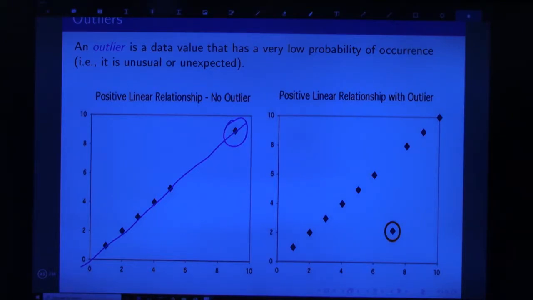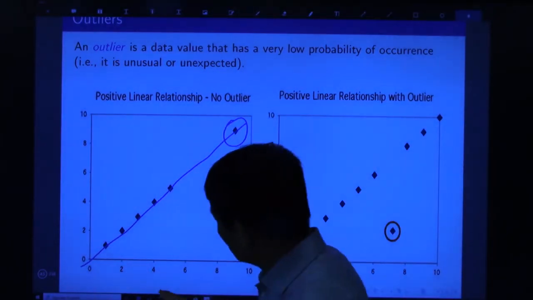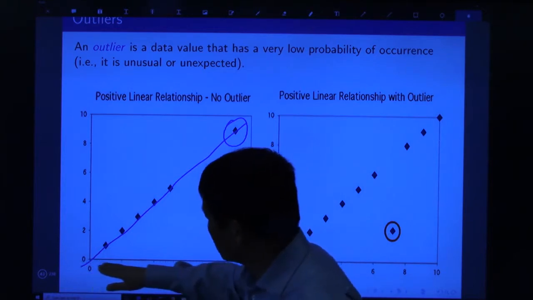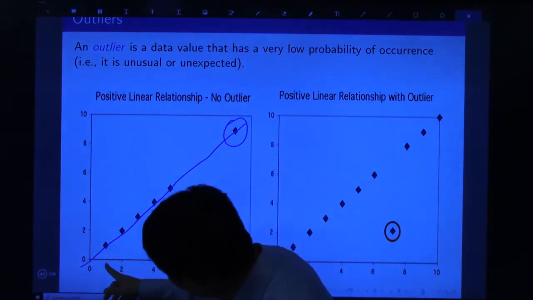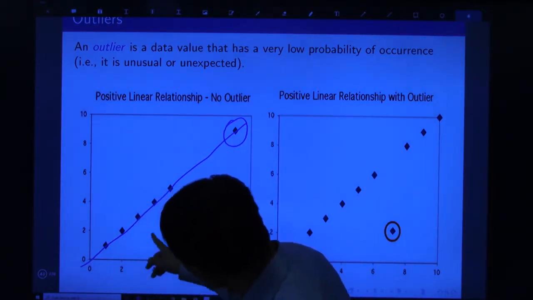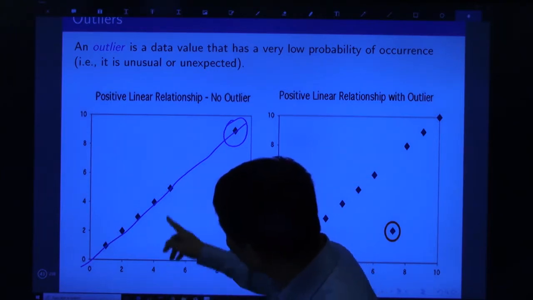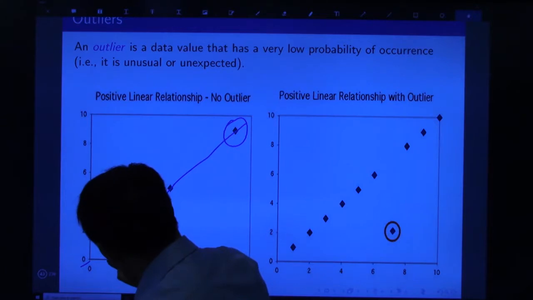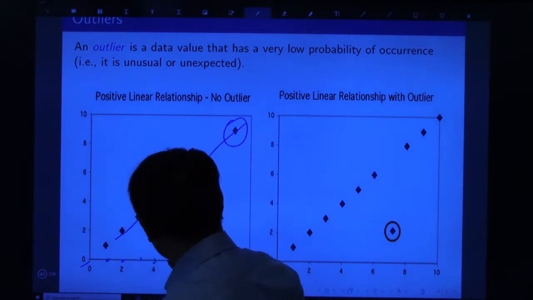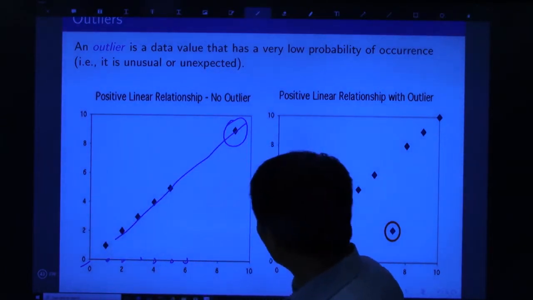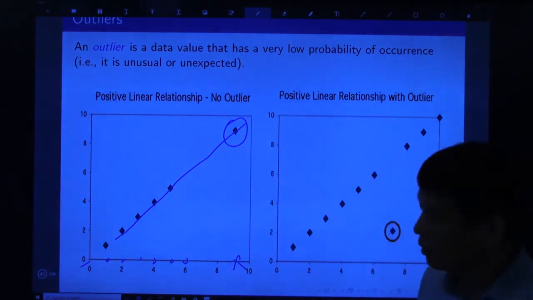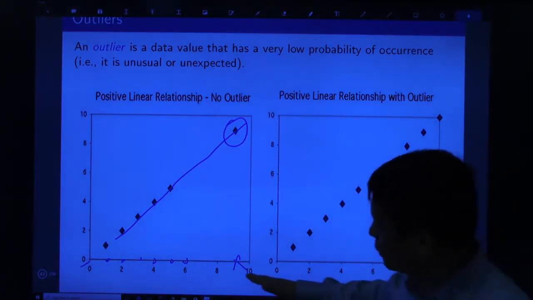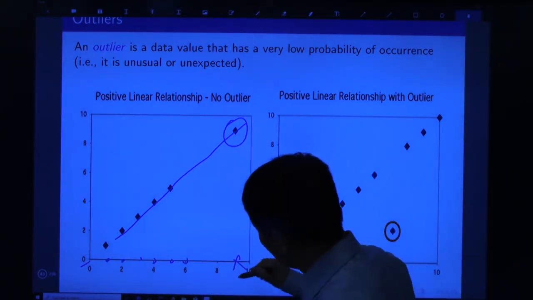If in chapter 1, we look at only the horizontal data set, this one equals 1, this equals 2, this one equals 3, 4, 5, 6. But this data is far away. So if we look at only this data set, this one is an outlier.